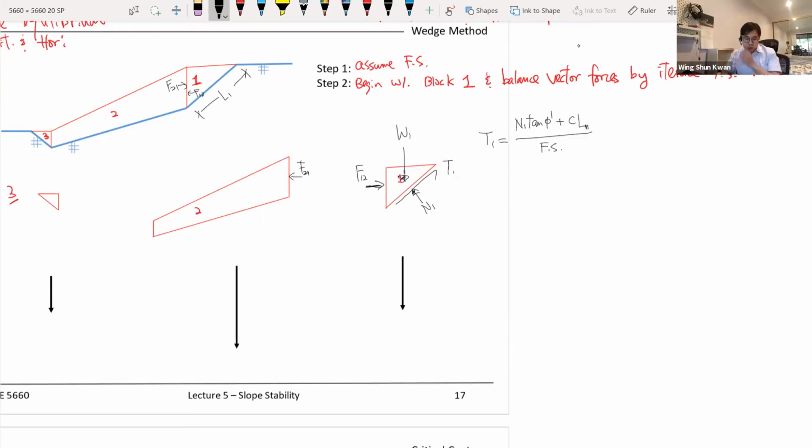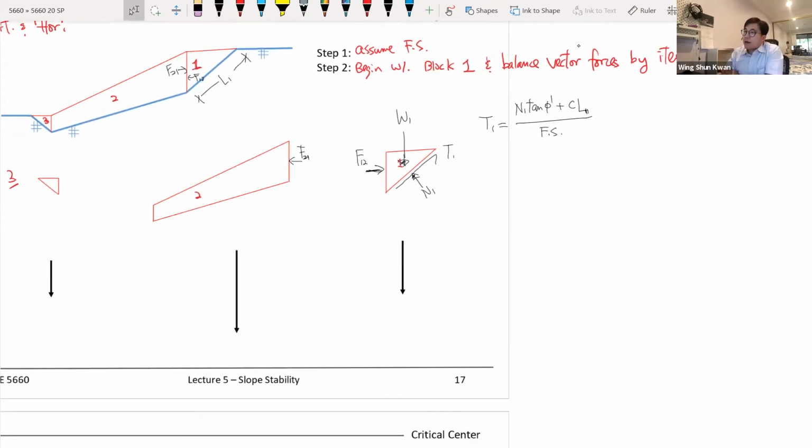So you need to assume the factor of safety to start with. So you assume one factor of safety first, and then see what you have. So that's why it can be tedious. You never know what factor of safety you should start with. You will go through a few iterations.